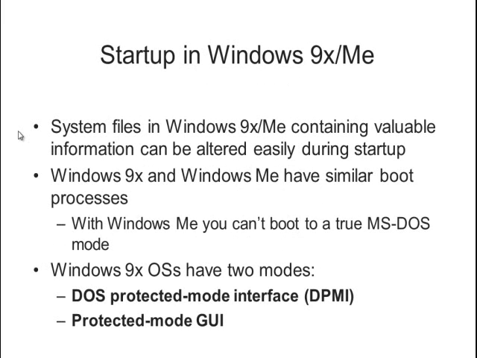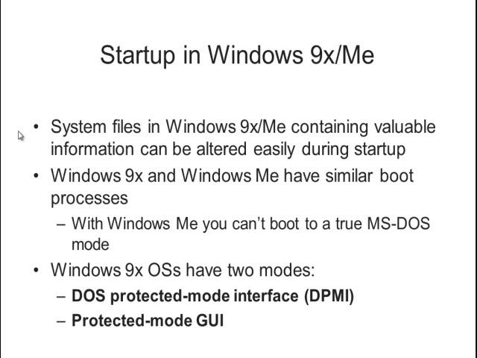In Windows 9X or ME, when they're talking 9X, they're talking anything from Windows 95 through 98 or Windows Millennium. The system files contain valuable information that can be altered easily during startup. Windows 9X and Windows Millennium have similar boot processes.